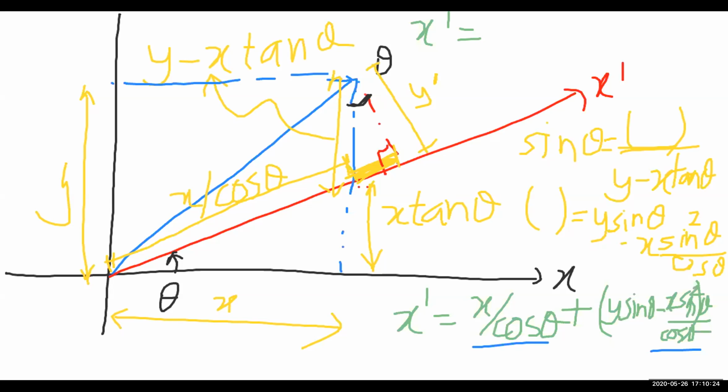You can take x common. You'll end up with 1 minus sine square theta. And what is 1 minus sine square theta? X cosine square theta. नीचे भी cosine theta है, ऊपर cosine square theta है, तो मेरे पास ऊपर आएगा x cosine theta. Right? I have found x dash.